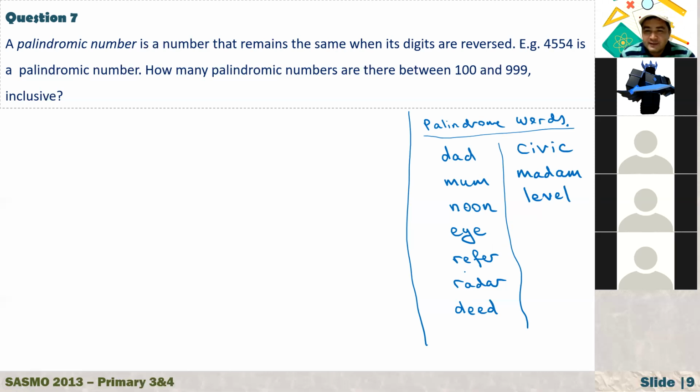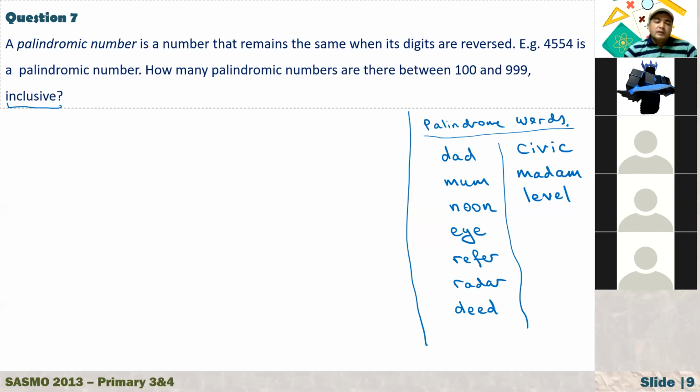Okay, guys, anyway, I'm asking this so that you can remember now when you hear palindromic number. Mr. Kasim, do we count 100 and 999, or only what is between? No, it says inclusive, right? You also count these. Inclusive means including those numbers.